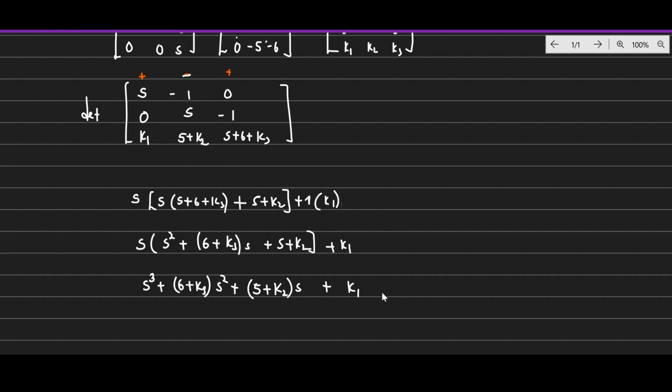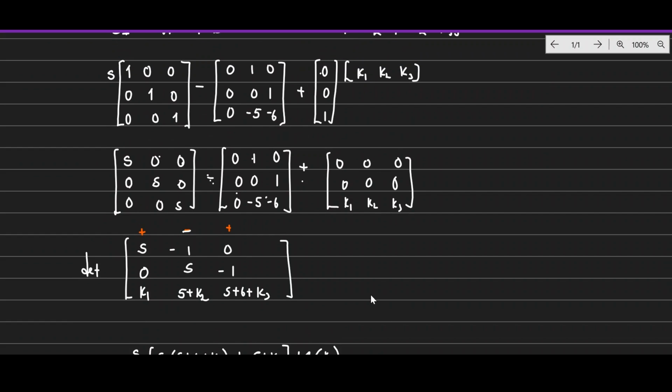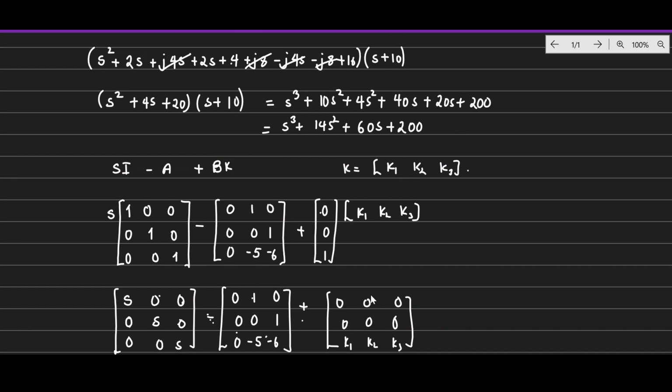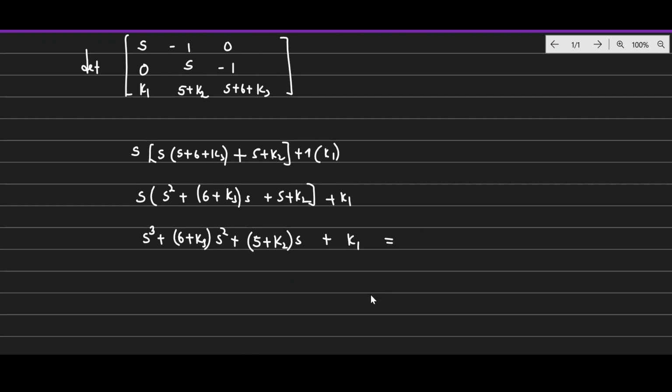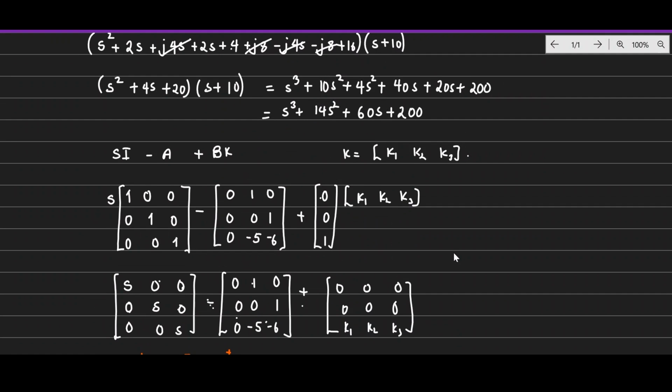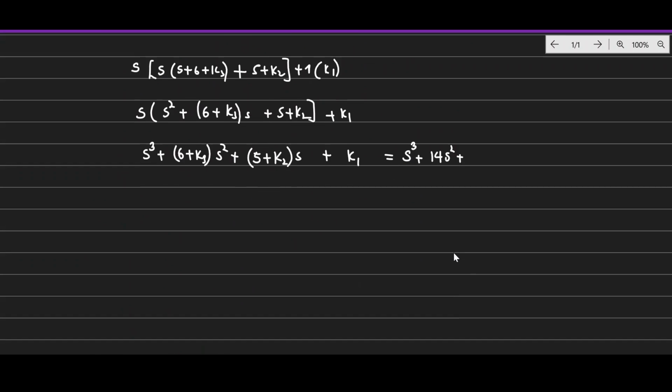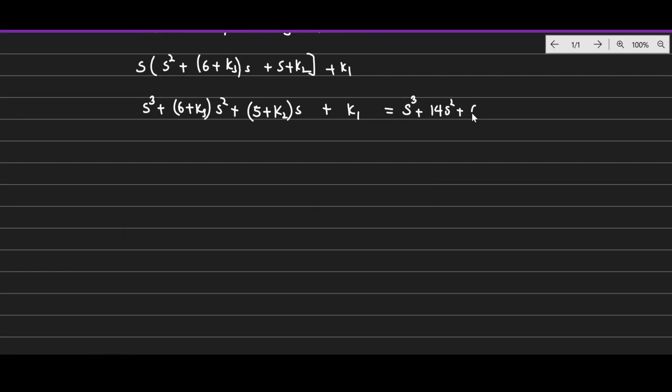And then you have to equate this to the characteristic equation found for the desired poles, right? So this s cubed plus 14s squared plus 60s plus 200.